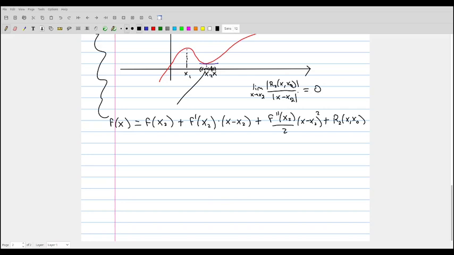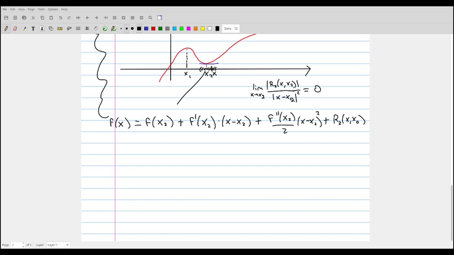It's x minus x2 squared because we went out to the quadratic term. The main idea is that this remainder term goes to 0 faster than quadratic in terms of the distance between x and x2, as that distance gets smaller and smaller.